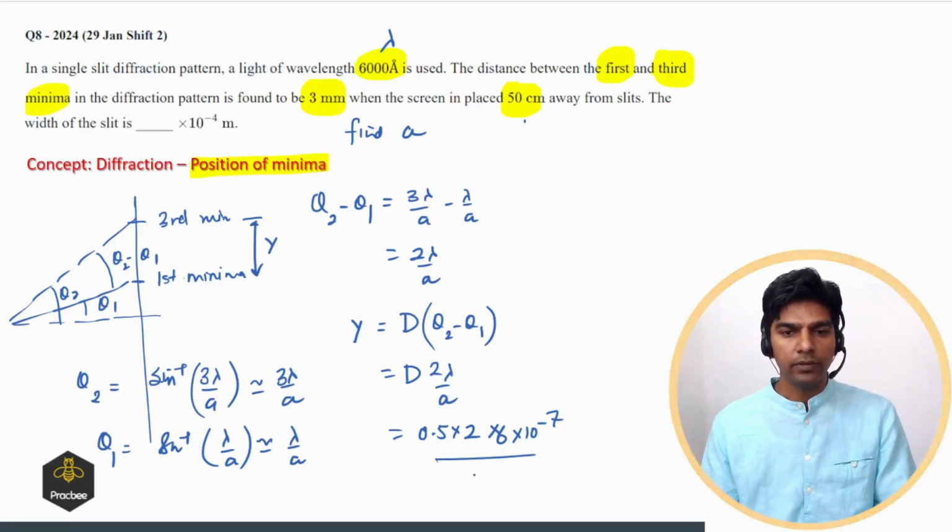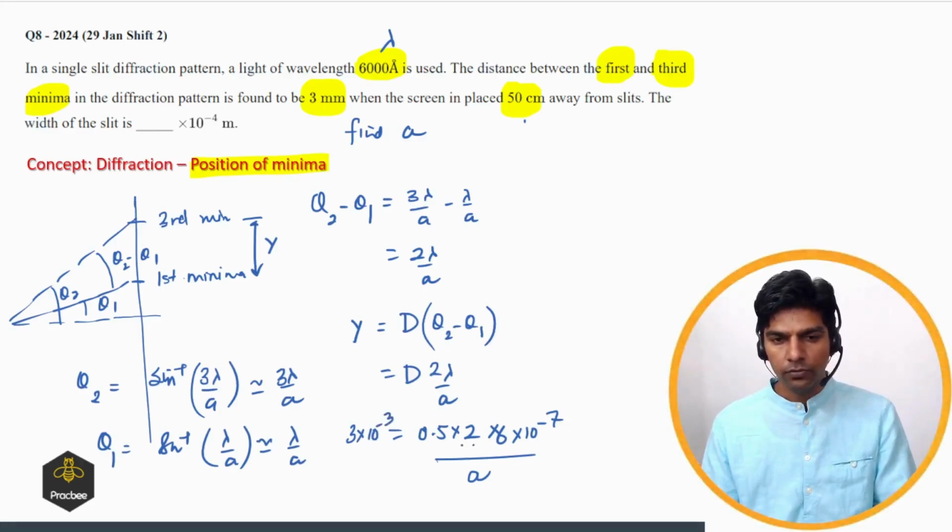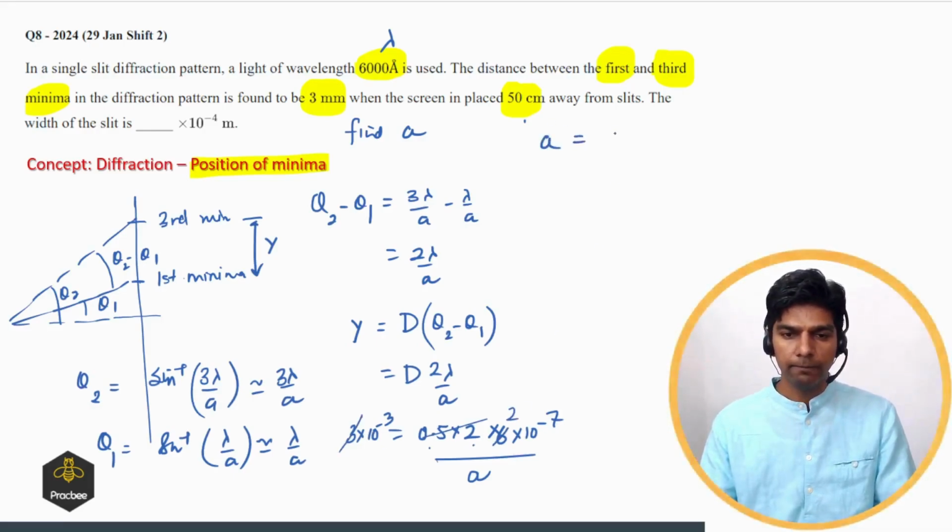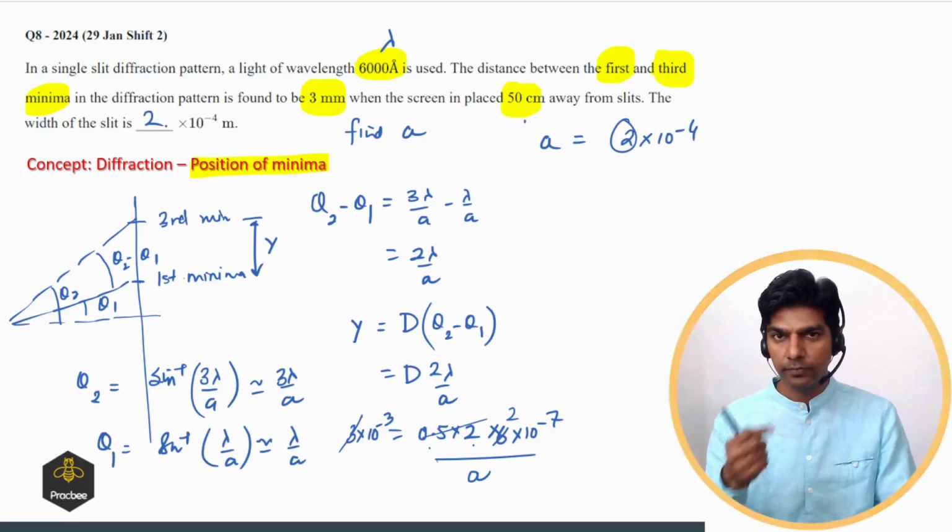So a and y is given as 3 millimeters, so 3 into 10 raised to minus 3. So 2 times 0.5 will be 1, and this will give us 2. So we can say a will be 2 times 10 raised to minus 4. So 2 is the answer of this question.